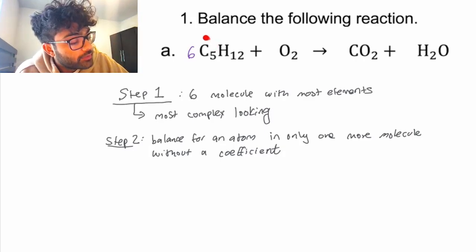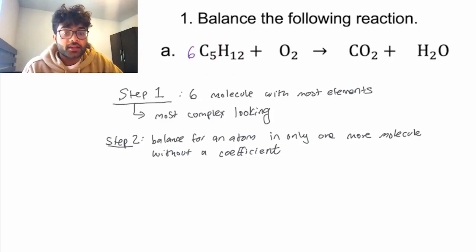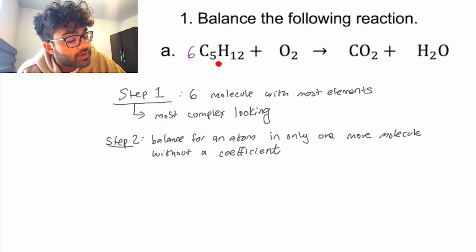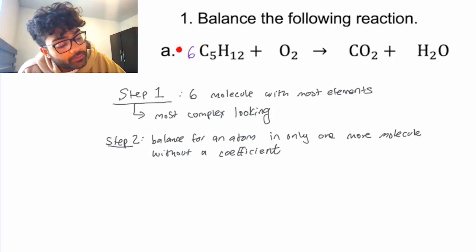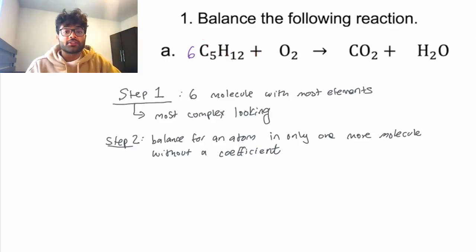Here we have carbon and hydrogen, and we have 6 times 5, or 30 carbons, because we have 5 atoms of carbon per molecule and 6 molecules, and we have 6 times 12, or 72 hydrogens. So we want to look for atoms that only appear in one more molecule without a coefficient.